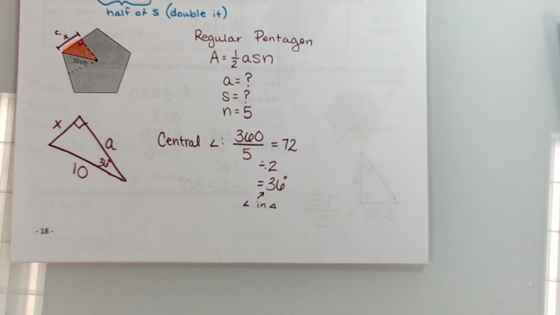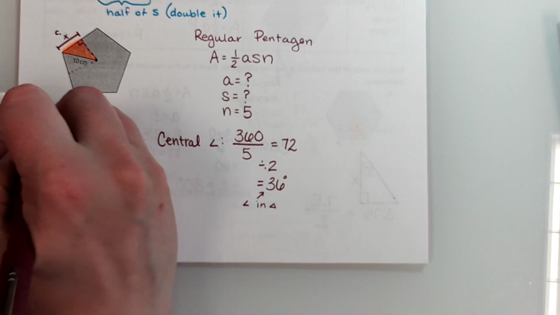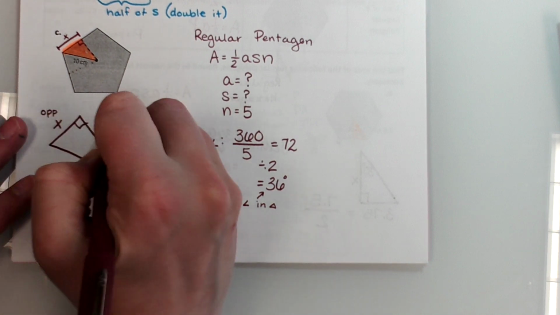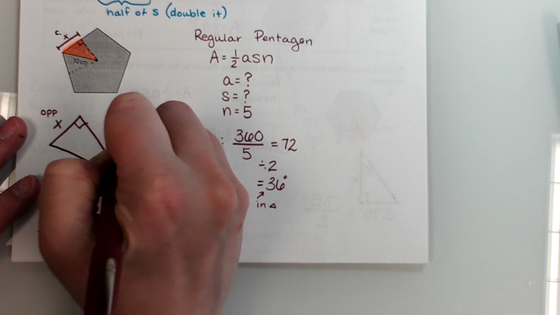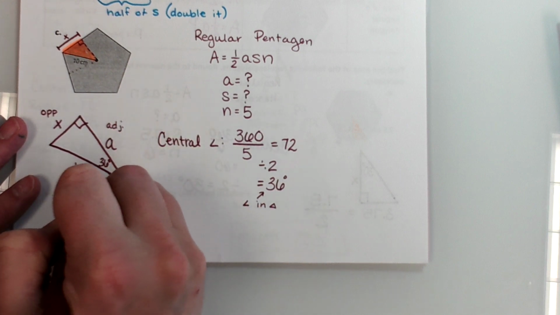I want to solve for both x and a because otherwise I can't do this. I'm going to do some trig. That's the opposite. That's the adjacent. This is the hypotenuse.